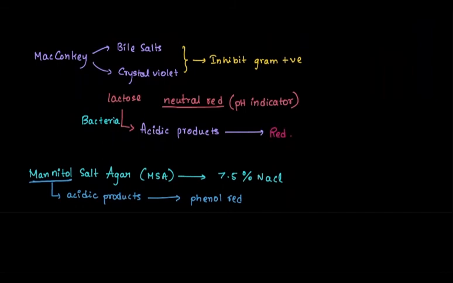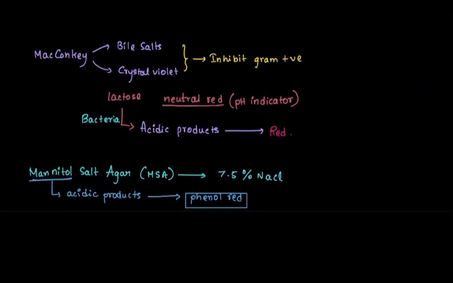When this acidic product starts to accumulate, this phenol red pH indicator would turn yellow. That's how we know it is using the mannitol for its carbon source.